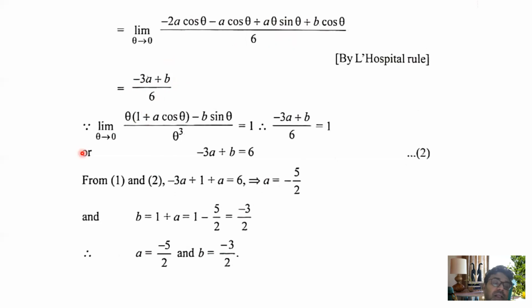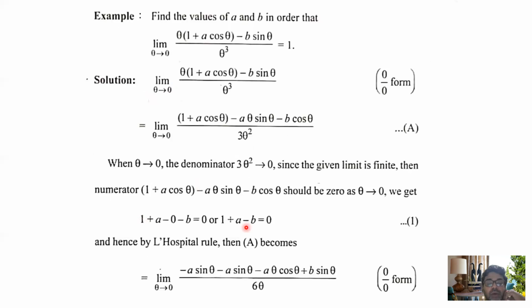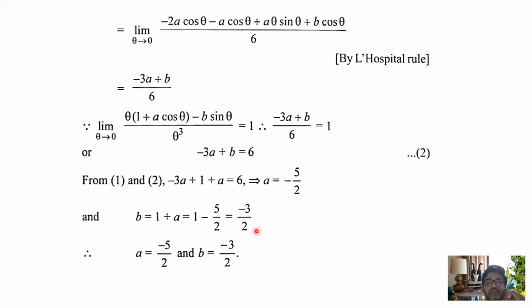Your given part is limit theta tends to 0, theta into 1 plus a cos theta minus b sin theta by theta cube is equal to 1. So that means minus 3a plus b by 6 should be equal to 1. So you are getting minus 3a plus b is equal to 6. Another equation you have is 1 plus a minus b is equal to 0.